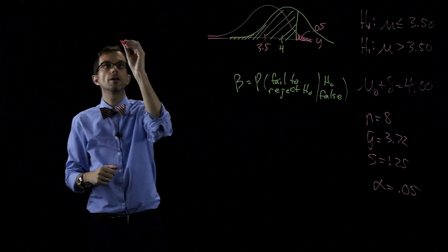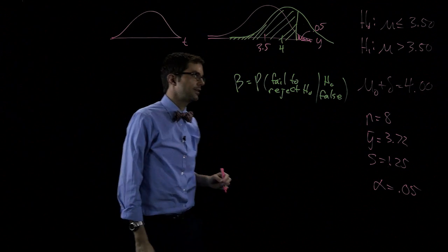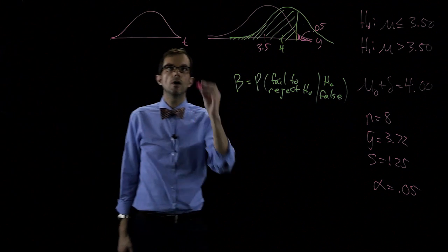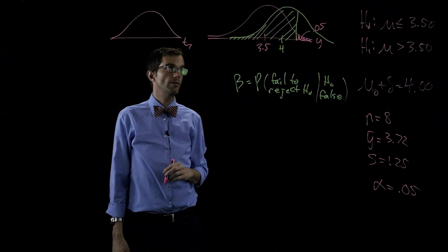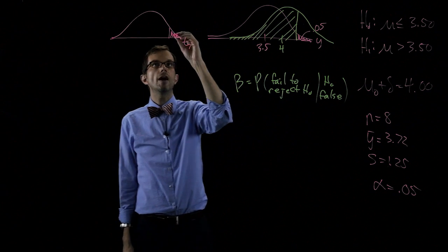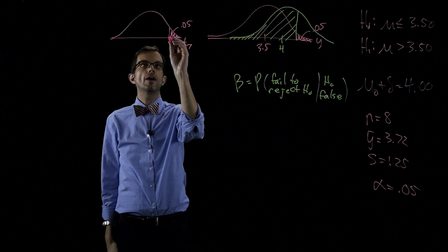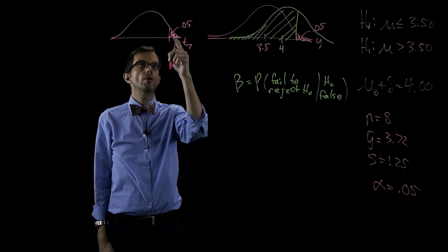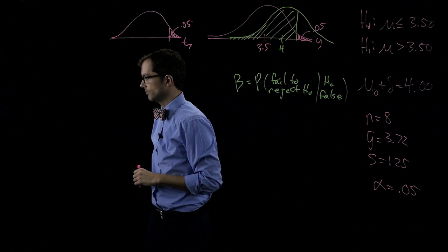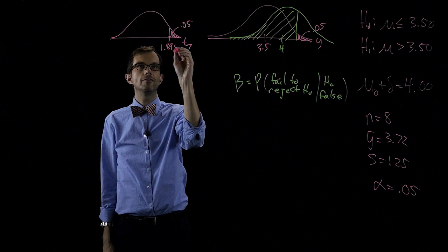Here's our t-axis with degrees of freedom 8 minus 1, 7. And we want an upper tail, a rejection region of 0.05. So what is the critical value here whenever we want 0.05 in the upper tail? As it turns out, that value is 1.895.